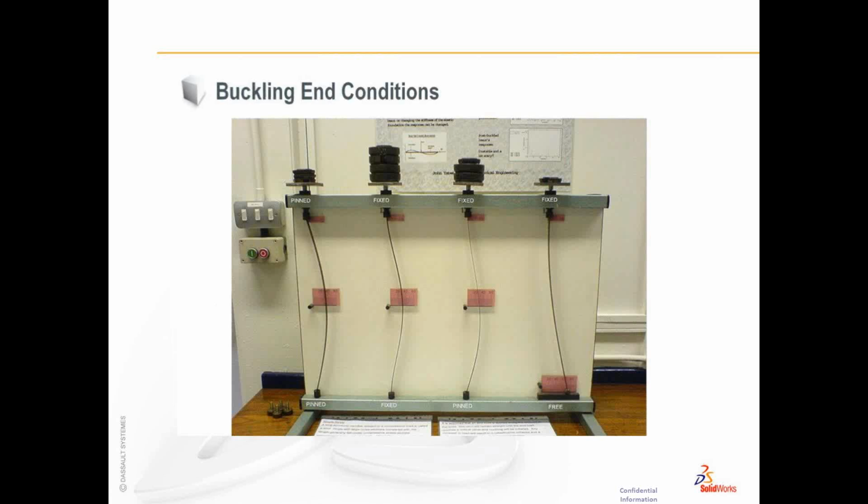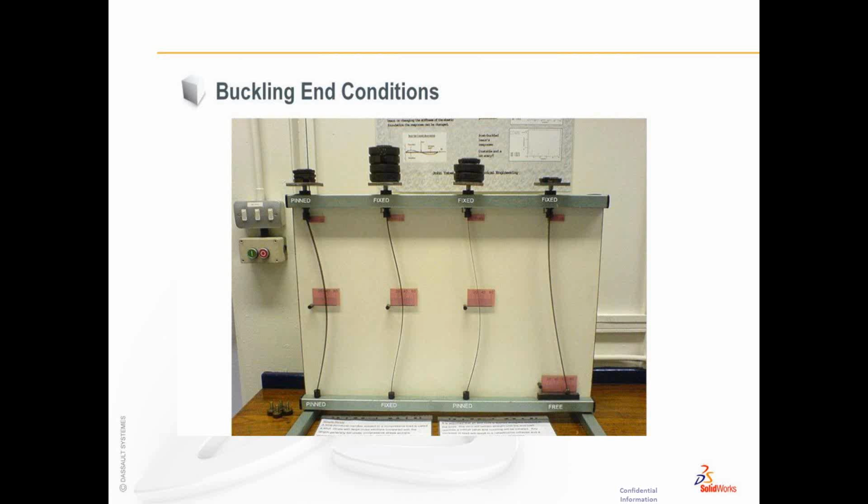This screen gives us a graphical image of how different end conditions may affect buckling. You see on the top of the structure they have the different end conditions noted. So we have pinned, fixed at both ends, fixed at one end and pinned at the other, and then fixed and free.